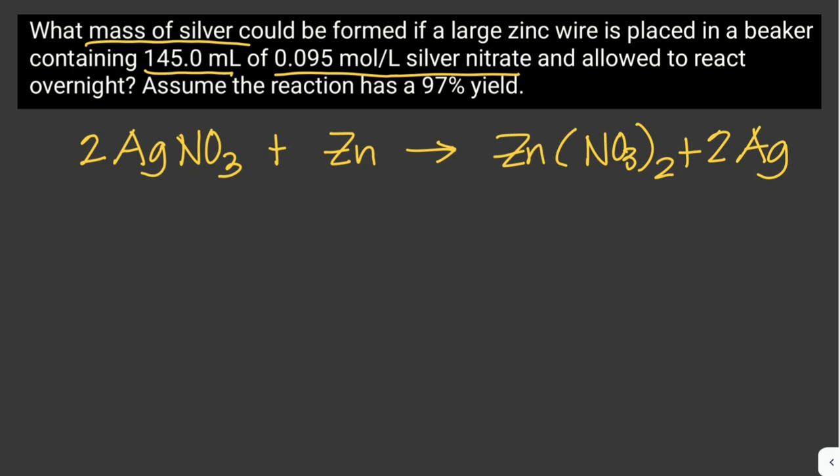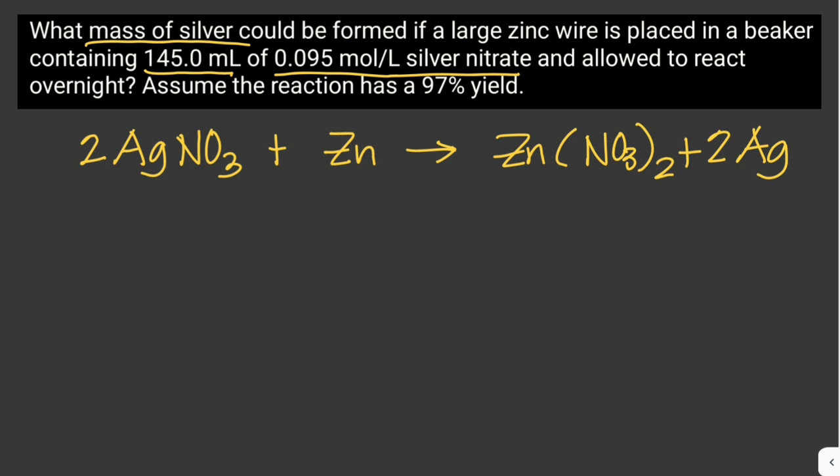So we need to solve for the theoretical yield first, since we are given the expected values and the percent yield.